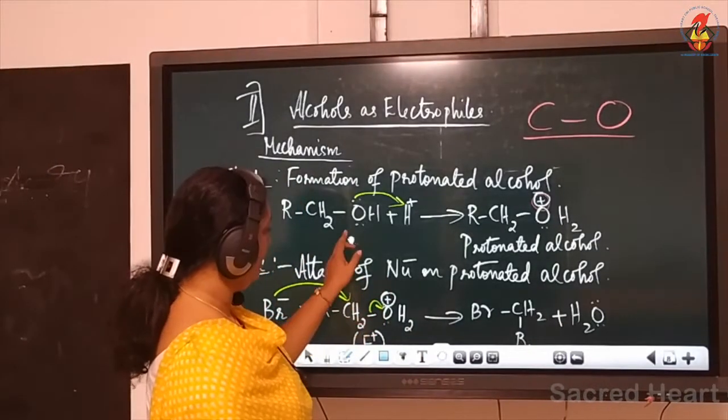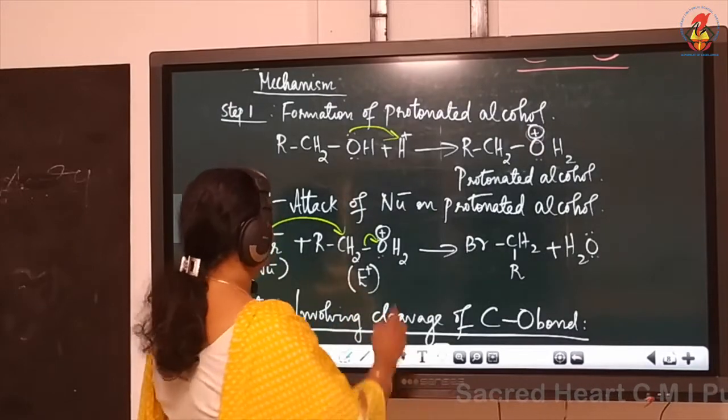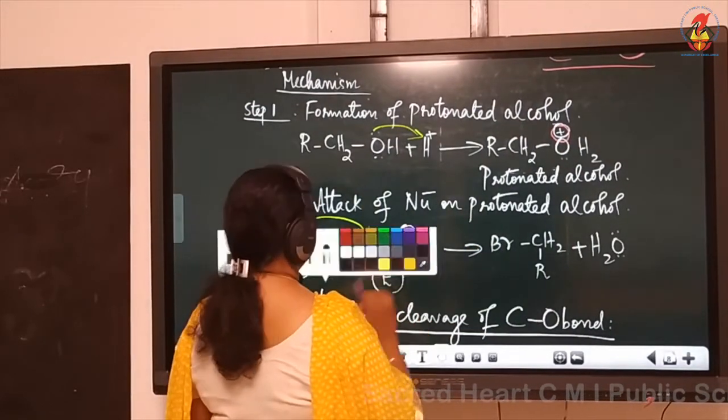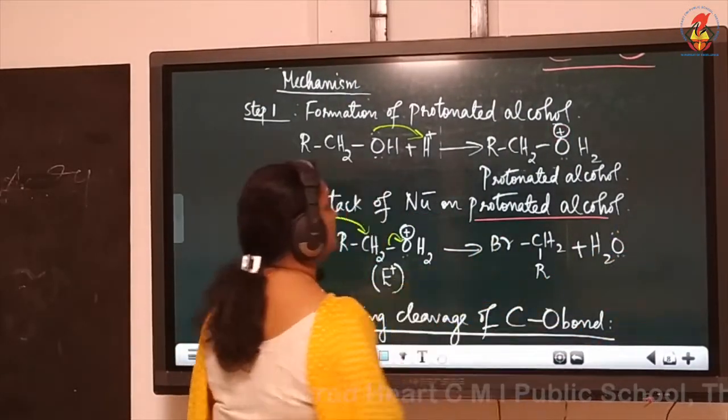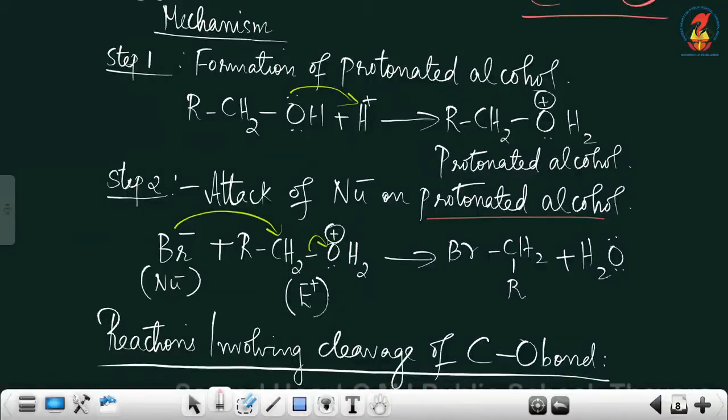So step 2 is attack of nucleophile on protonated alcohol. This is our protonated alcohol and it acts as an electrophile, and the nucleophile taken here is Br minus.